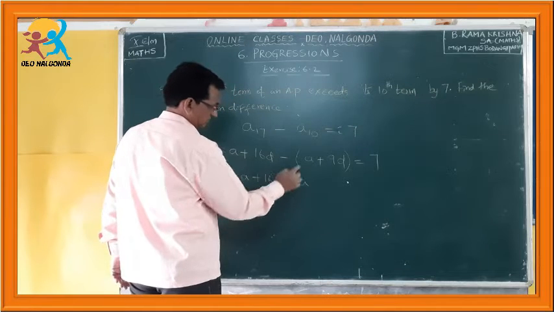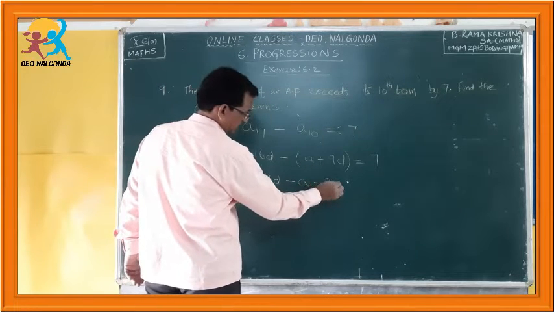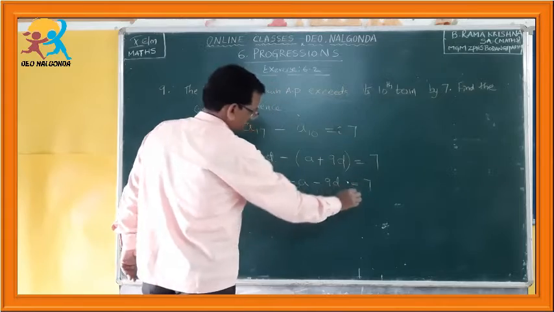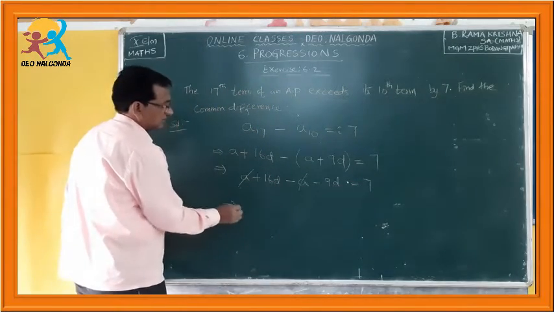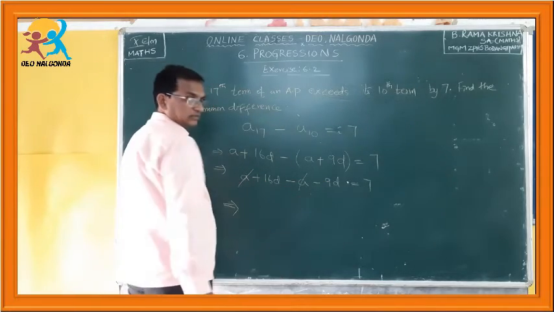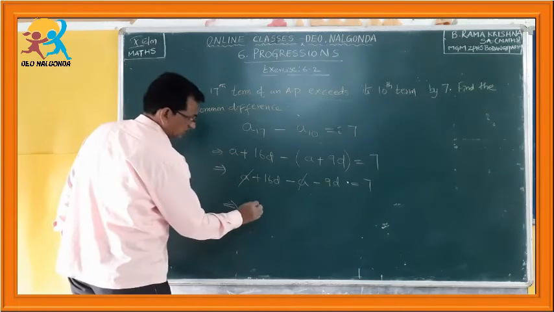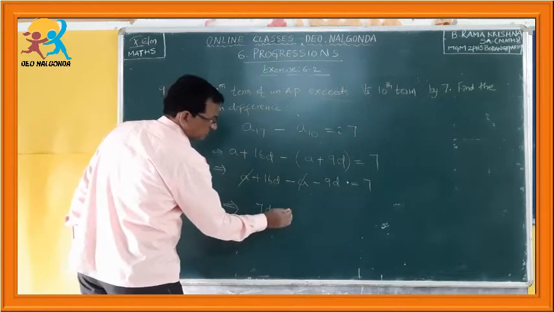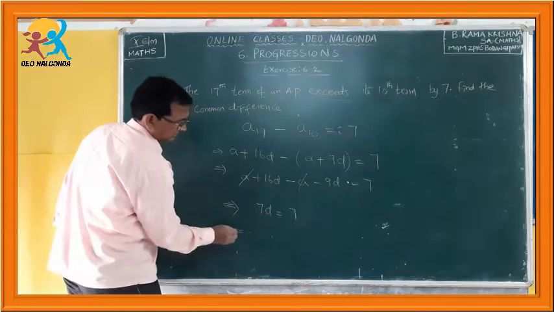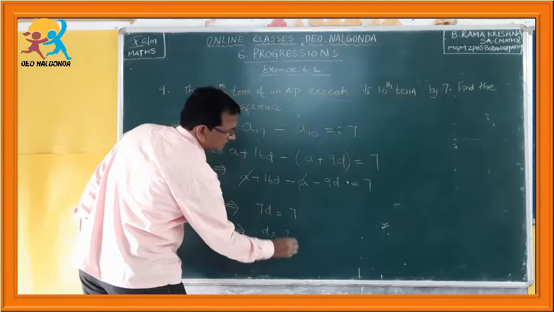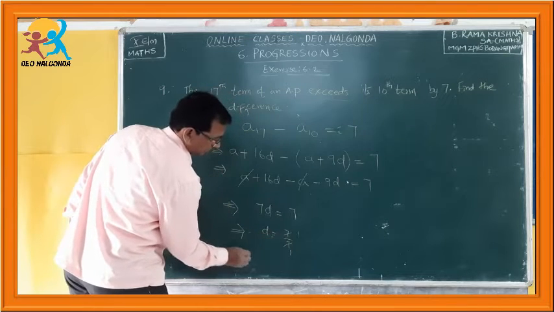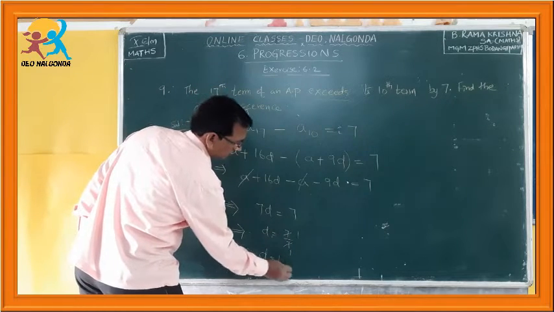Minus A, and the plus becomes minus 9D, is equal to 7. A minus A gets cancelled. 16D and 9D are like terms. 16 minus 9 is how much? 7D is equal to 7. This implies D is equal to 7 by 7. 7 and 7 get cancelled. D is equal to 1.